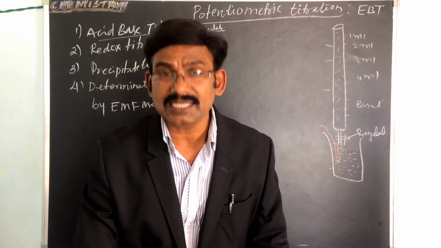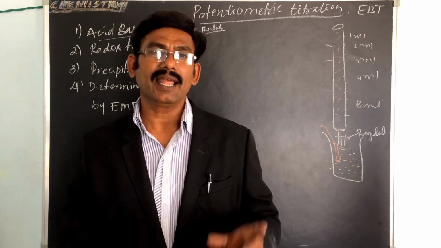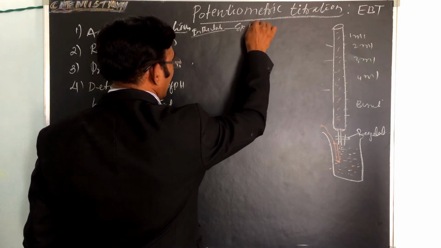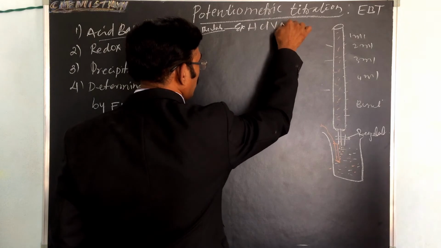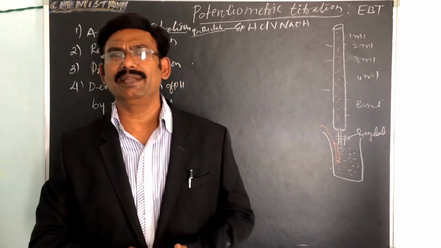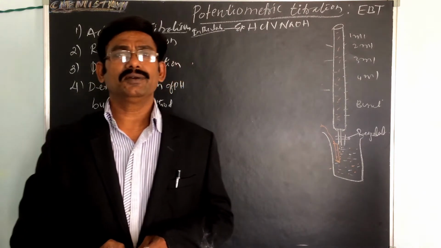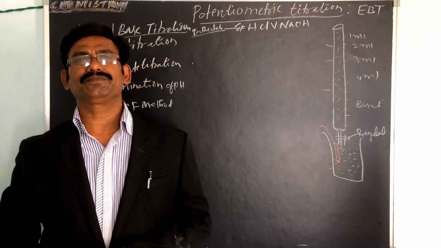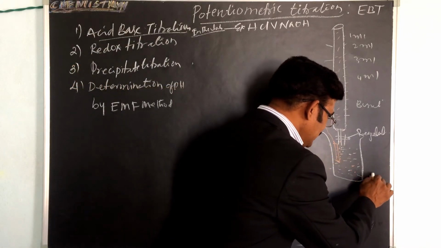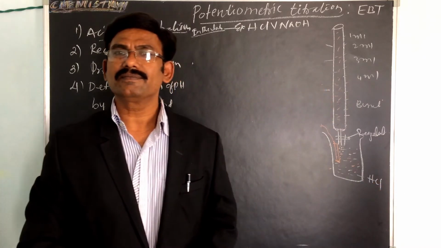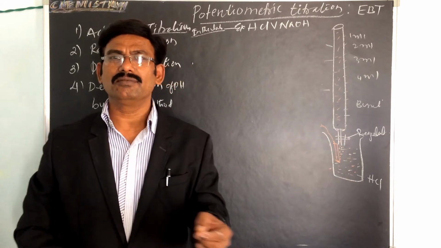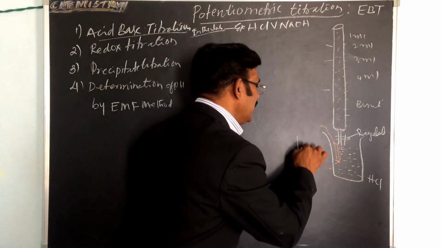The best example is HCl versus NaOH, a well-known example we know already from intermediate. In the acid-base titration, the HCl is taken in a beaker, and the indicator electrode, one electrode.